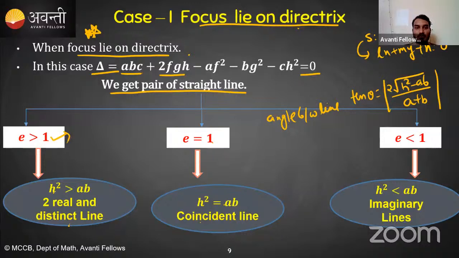If that ratio E is greater than 1, we get two real and distinct lines. If E is equal to 1, we get coincident lines. And if E is less than 1, then we get imaginary lines. Is this clear, everyone? Quickly let me know in the chat box how many of you understood this.